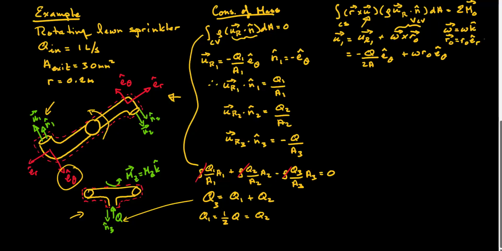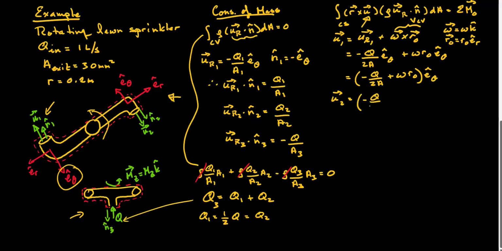So carrying out that cross product, we get this result here, which we can express as minus Q over 2A plus omega R naught E theta. And precisely the same result is going to be found for U2.